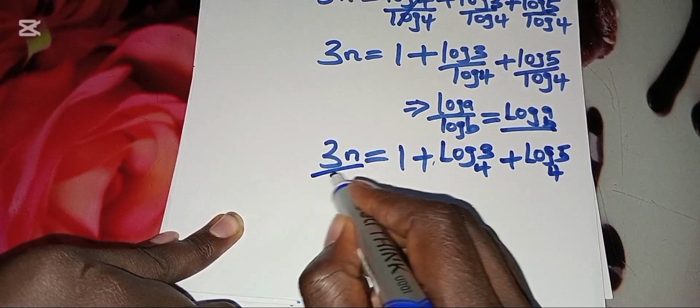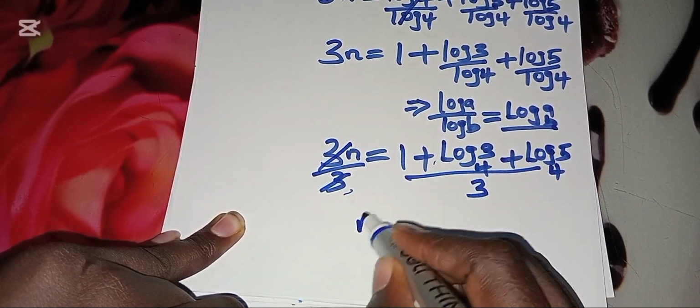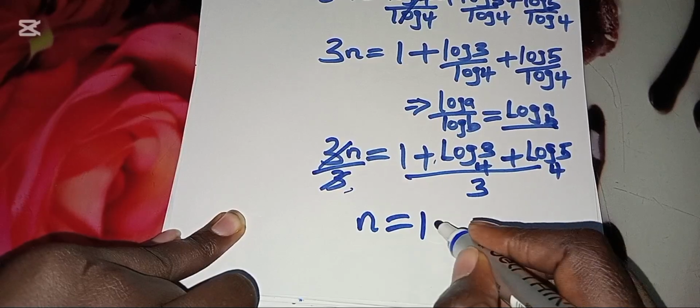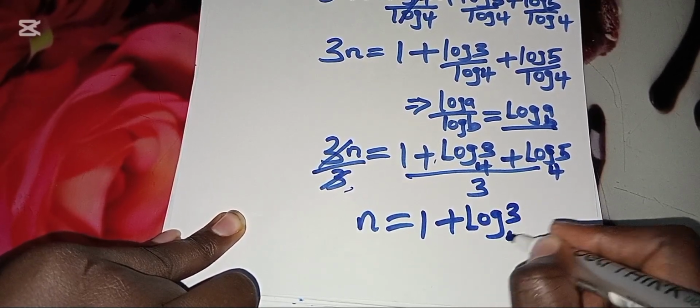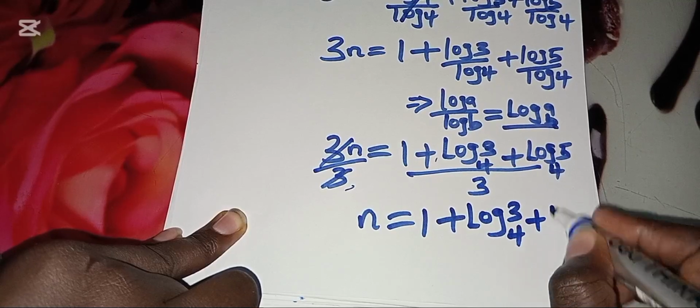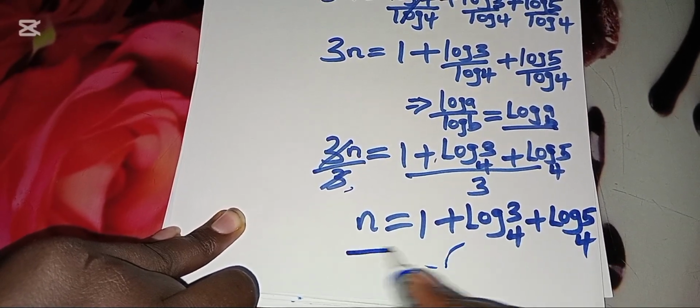You divide both sides by 3 so that the value of n is equal to 1 plus log 3 to base 4 plus log 5 to base 4, all divided by 3. So this is the value of n.